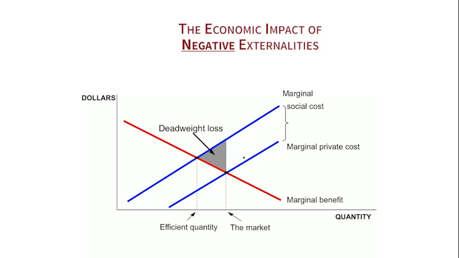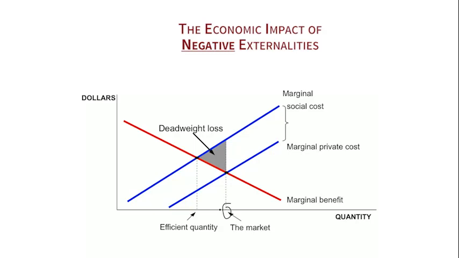It's going to maximize profits. And as we know, in that circumstance, we'll get a level of production in the market where the marginal benefit curve intersects the marginal private cost curve. That is, the demand curve intersects the supply curve. And you can see in the picture that's illustrated by a point just called the market. Now, the problem with that is the production doesn't take account of the marginal social cost, this extra cost of the pollution.